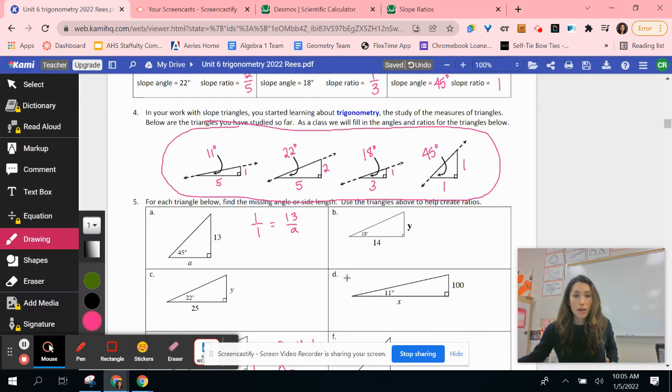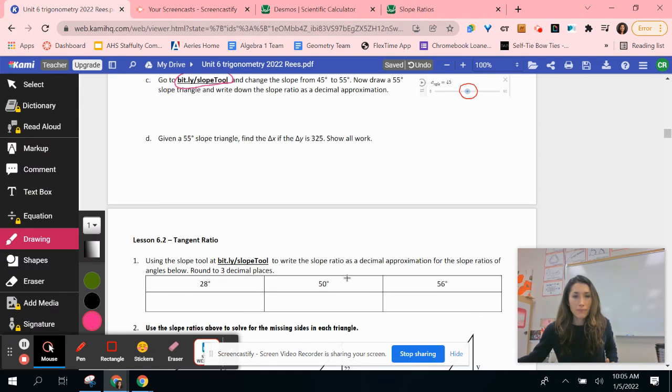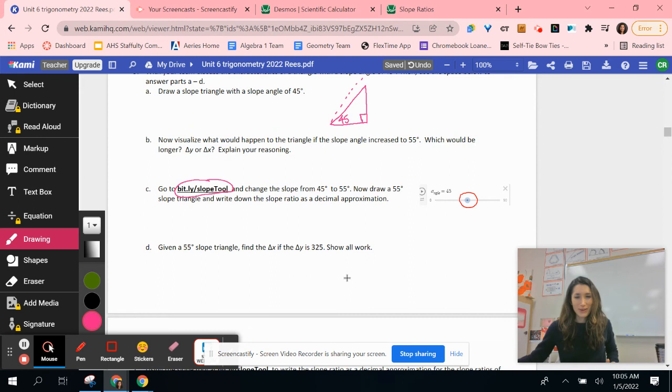So what you're finishing with in this lesson is creating a 55-degree slope triangle. So here we've got our 55 degrees. We've got our change in Y is 325, and this value here, change in X, is what we're solving for.